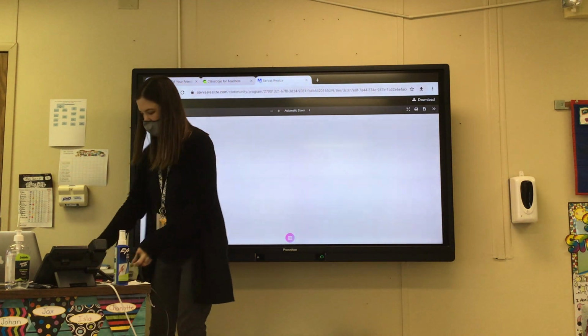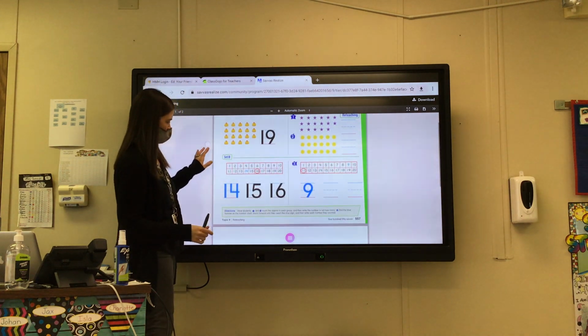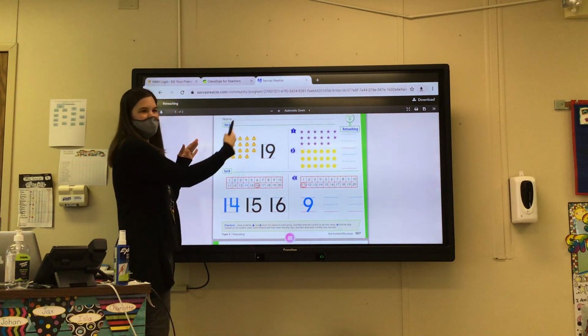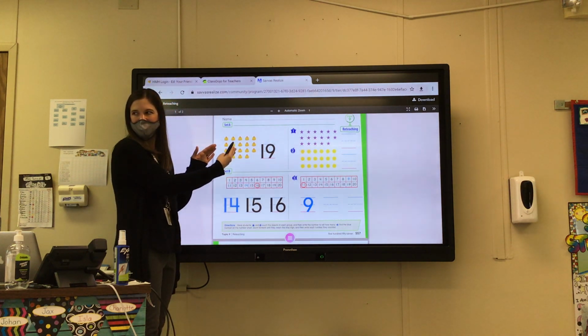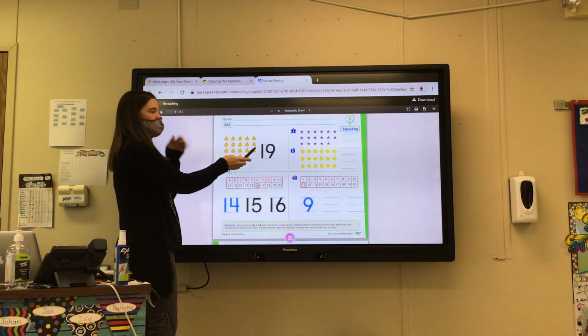What page are we on? This is the page you should be on when it appears. Here we go. Alright, so for set A, they counted the hats. Raise your hand if you cannot find it. Okay, let's count the hats together.